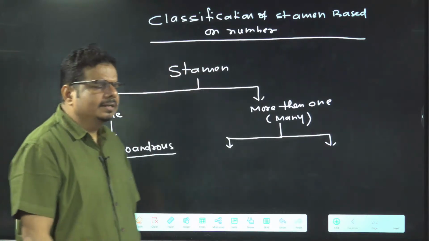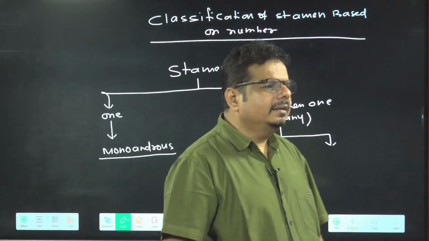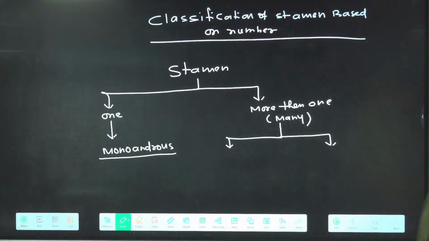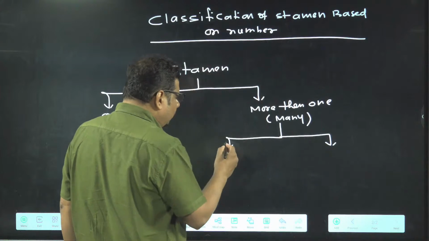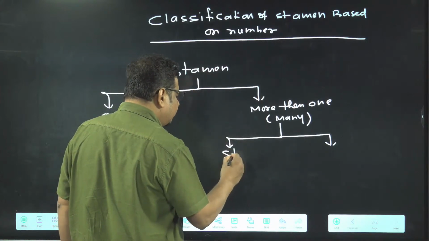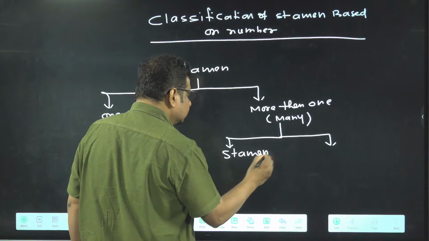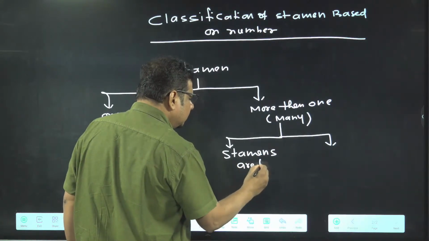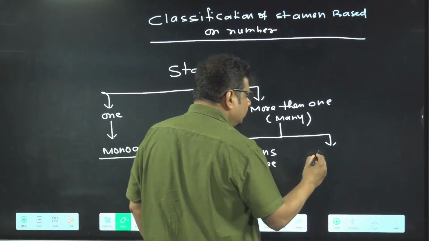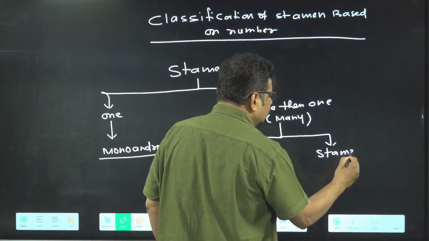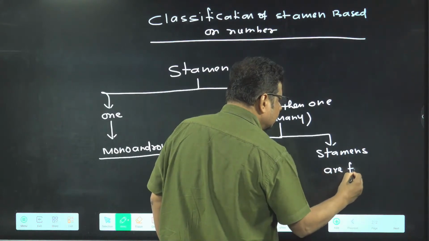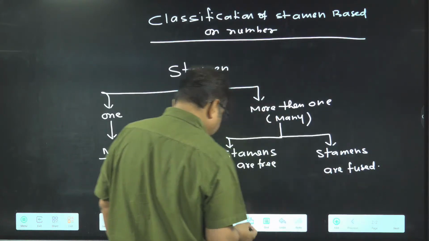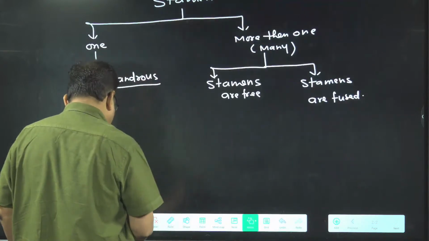One possibility is stamens are free, and another possibility is stamens are fused. Either it is free or it is fused.